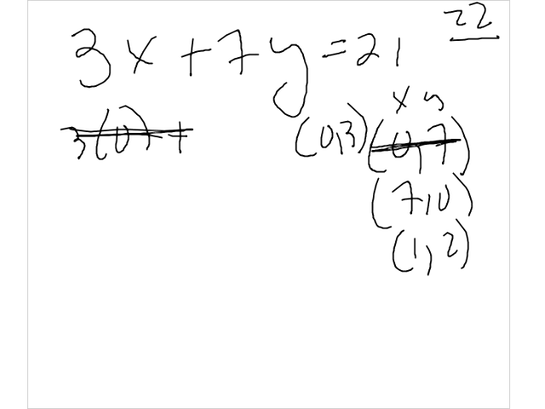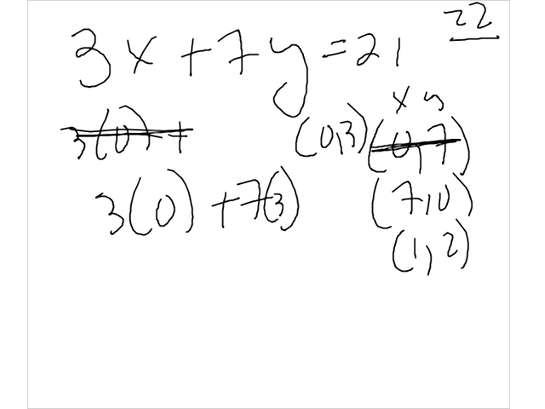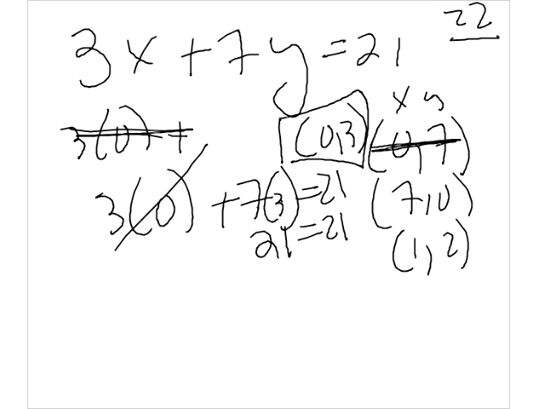Okay. So 3 times 0 plus 7 times 3, does that equal 21? Well, 3 times 0 is 0, so it would drop out, and that leaves a 7 times 3, which is 21, indeed equals 21. So 0, 3 would satisfy the equation. Let's plug in 7, 0. That's the second one here.